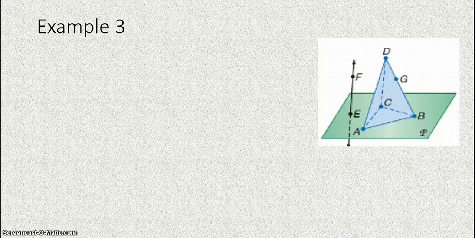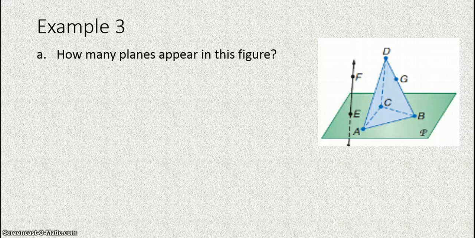This third example, you're going to use this figure. How many planes appear in this figure? So think to yourself and see how many planes you can come up with. Right, there are 4 planes in this picture. The first one is probably the most obvious one to you, plane P. But each side of that 3-dimensional figure also makes up a plane.